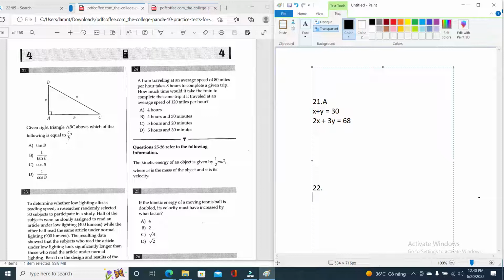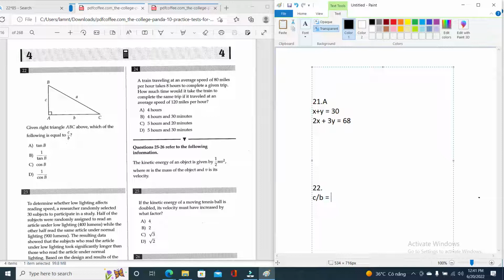We know that C over B is like tan of C, but here they want us to relate it to the angle B, right? To the corner B. We want to make the relation between this ratio and the angle B.